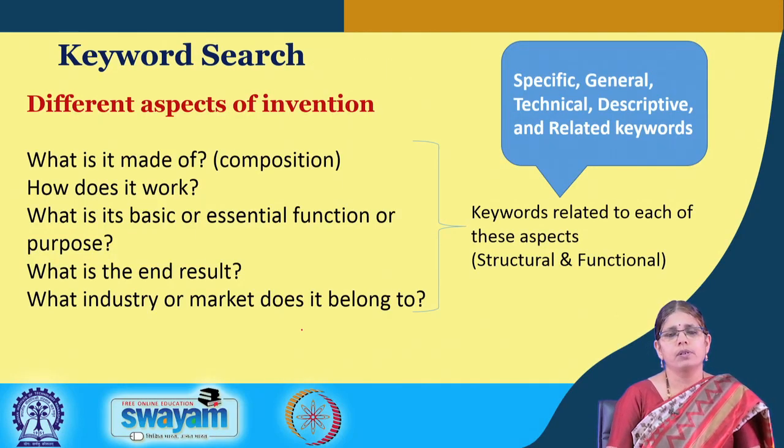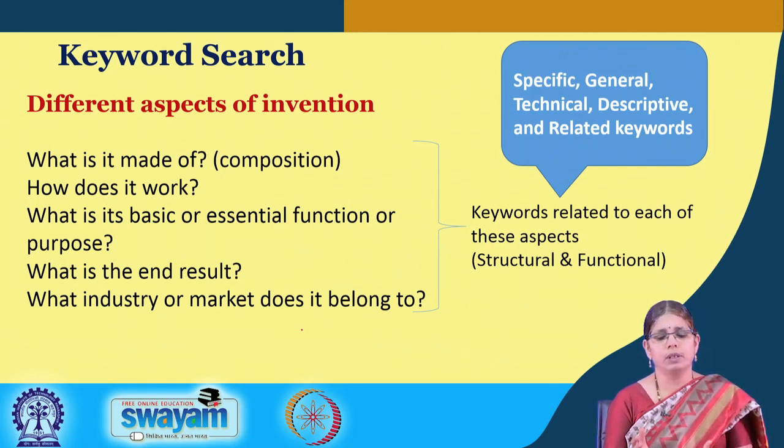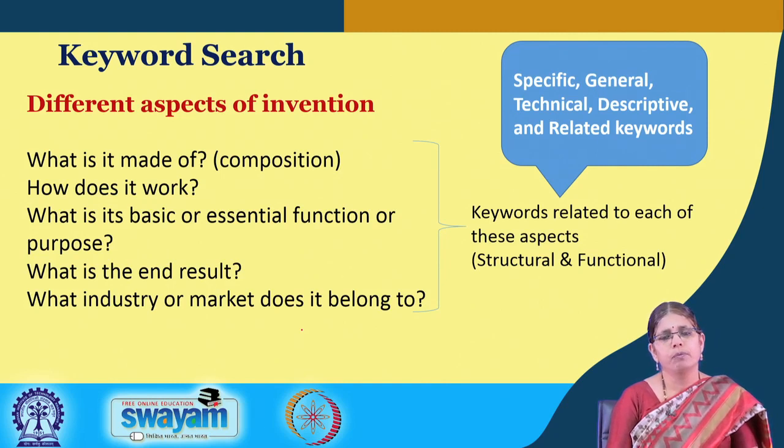Now, keyword search is one of the searches which you would undertake to look at different aspects of a particular invention. How do you do the keyword search? For instance, you are looking at a particular area.